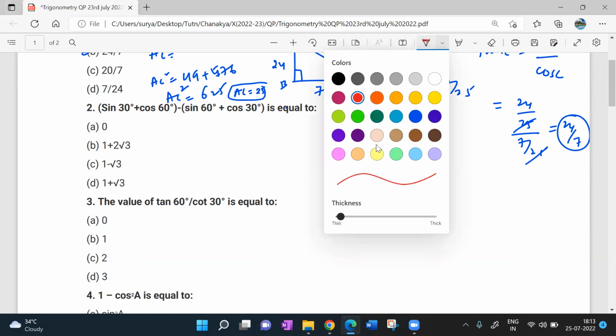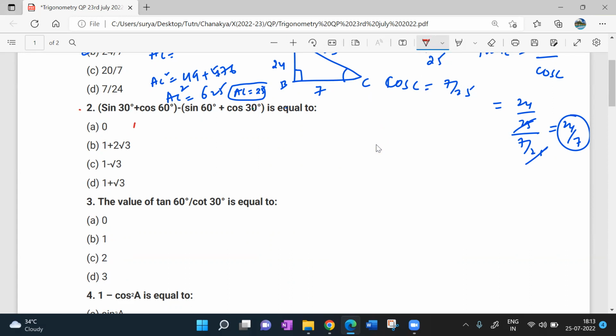All right. So sine 30 is 1 by 2, cos 60 is how much? Let me create some space here. So sine 30 value from the table. What is sine 30 value? 1 by 2 plus 1 by 2.